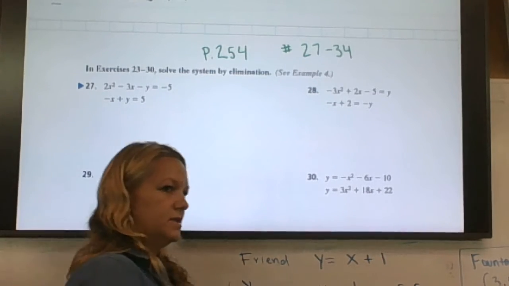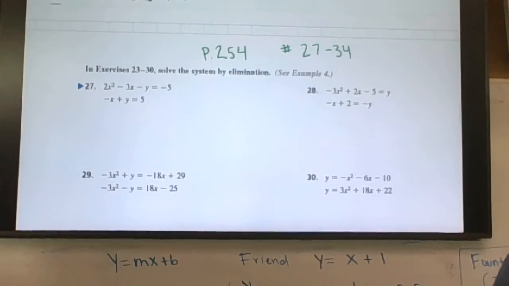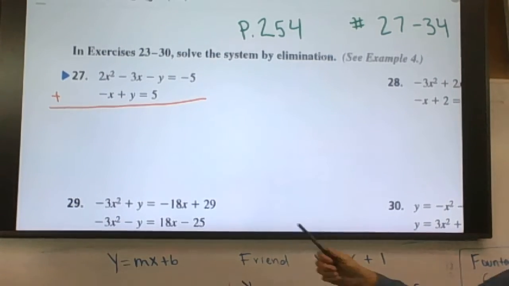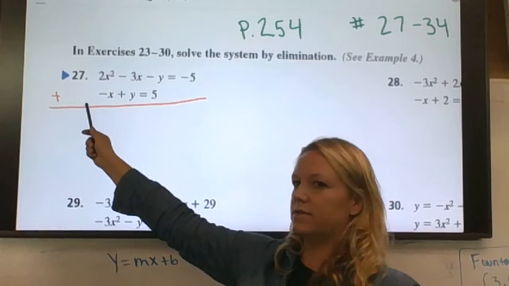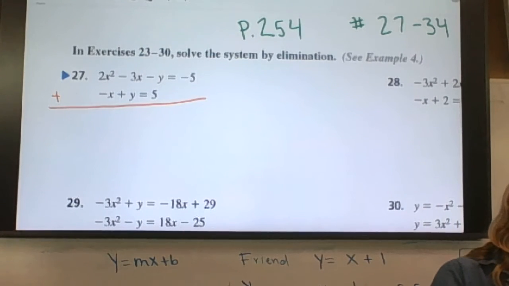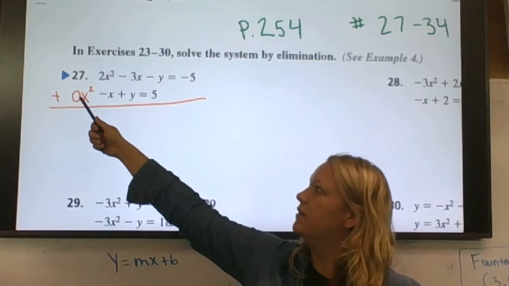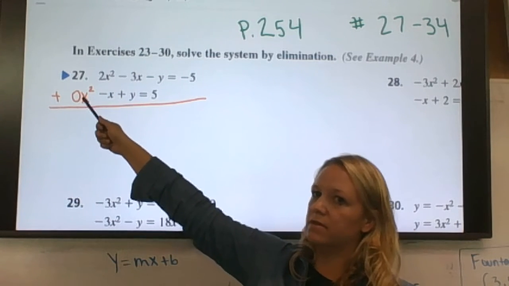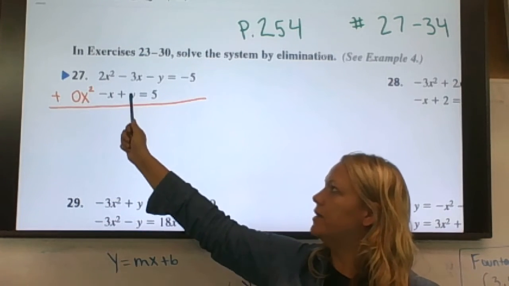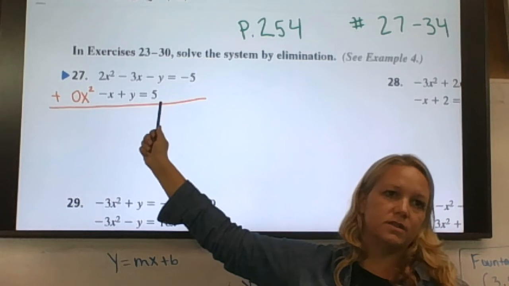So your textbook has these lined up pretty well. If I put a big plus sign here, the only thing I noticed is that there isn't an x squared term down here. So if you wanted to make it look the same, you could put 0x squared. If that helps you see, okay, I have an x squared over an x squared, an x over an x, a y over a y and a constant over a constant.